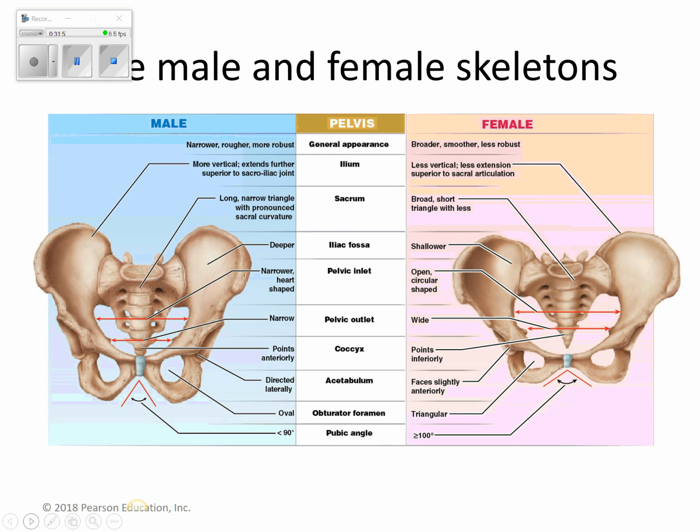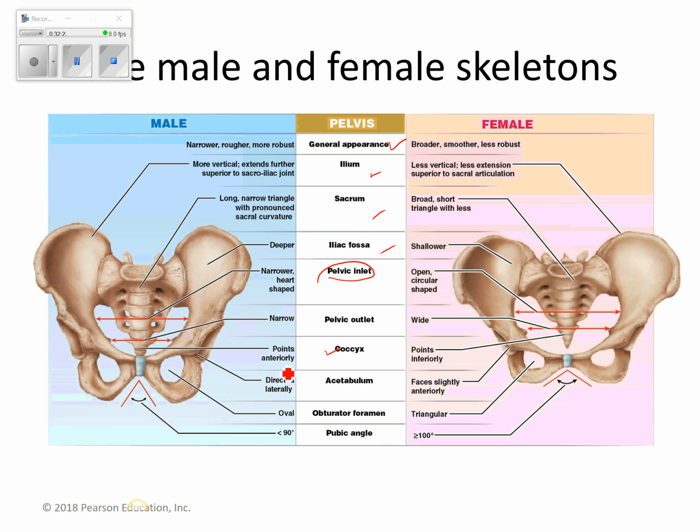This right here just shows you a comparison of the male and the female with the general appearance that we've already gone over. The differences in the ilium, sacrum, iliac fossa, the pelvic inlet. The pelvic inlet, of course, you can see the big difference. It is more open and wider in the female versus the male.